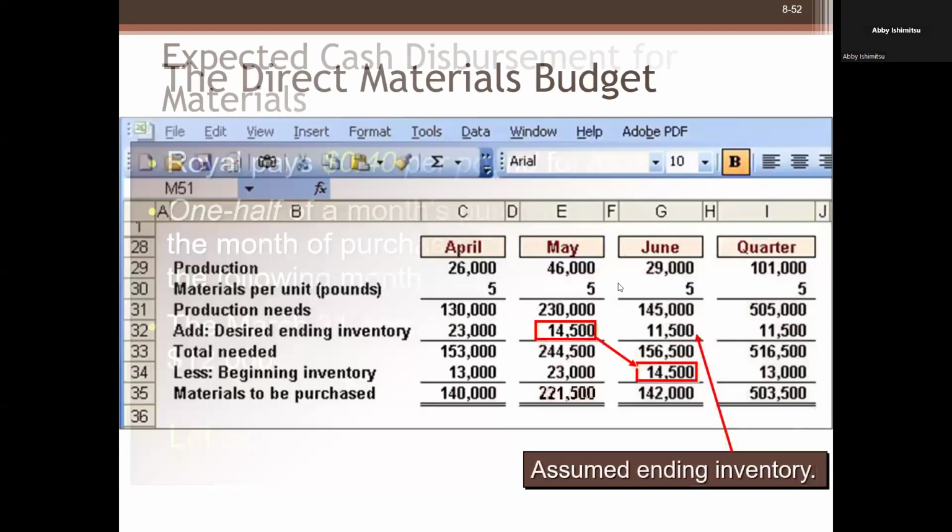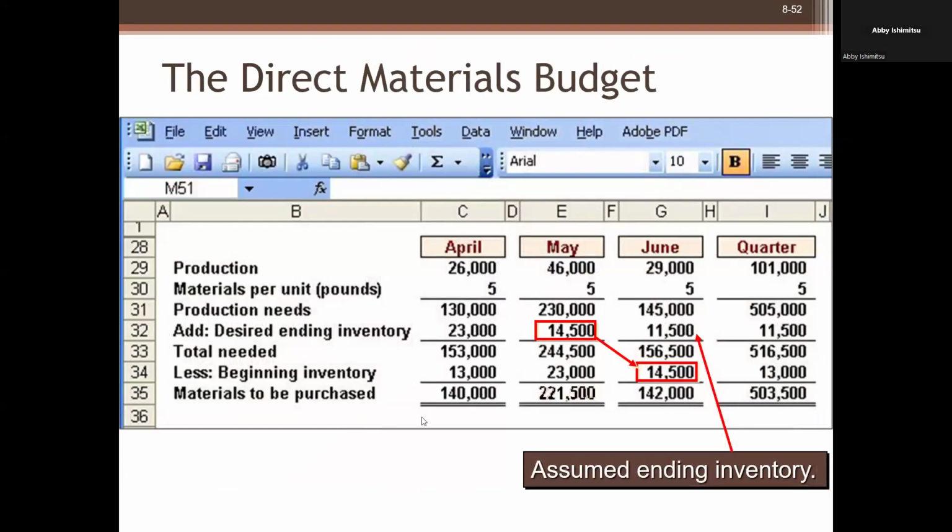On your course pack, I added another line saying, how much are you buying? I put the 40 cents here and then the total of your purchases. So 140,000 times 40 cents a pound. In April, we need to buy $56,000 worth of raw materials.